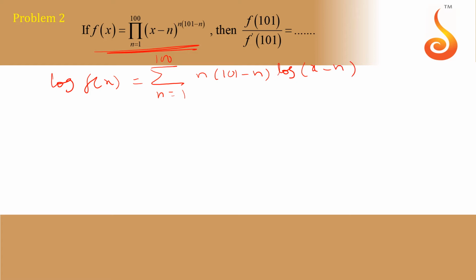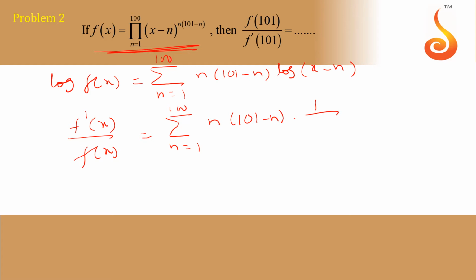This is a very important thing here. Then if I differentiate, it will be (1/f(x)) f'(x), so f'(x)/f(x). So what you'll get? Sigma n = 1 to 100, n(101 − n) × 1/(x − n), the derivative of log(x − n).